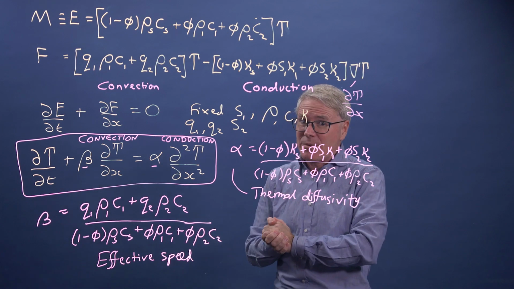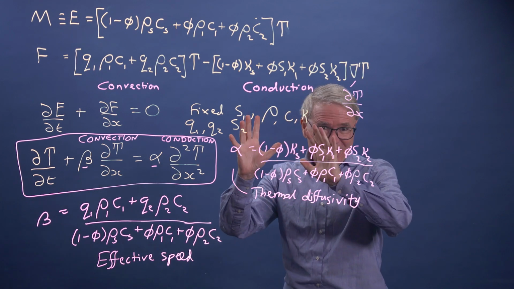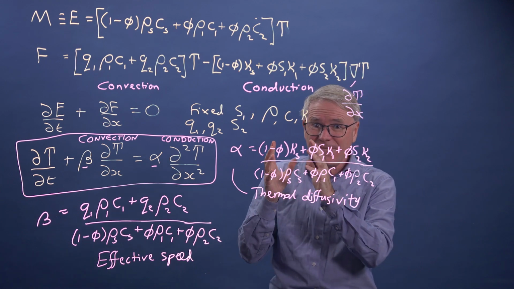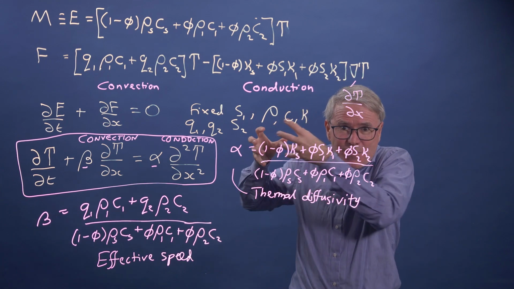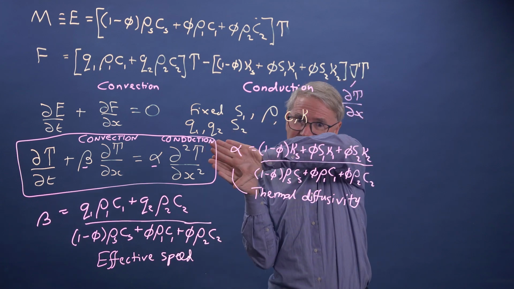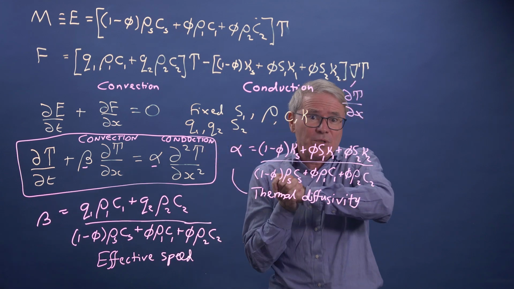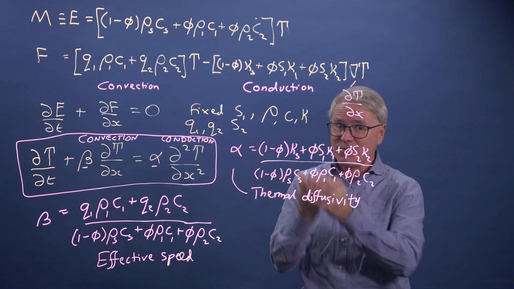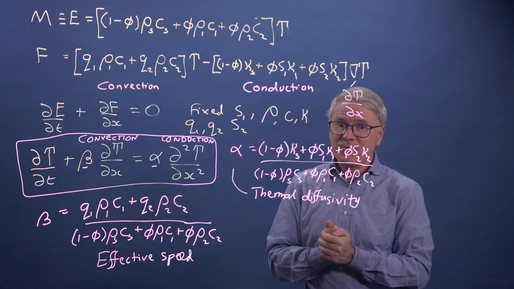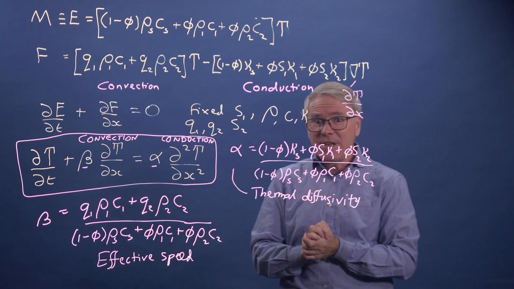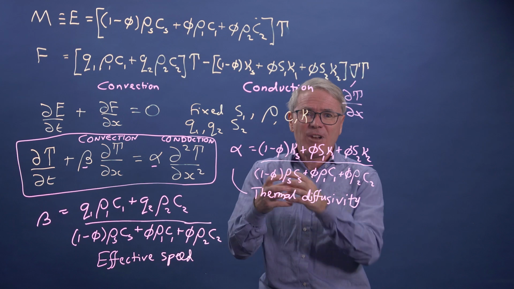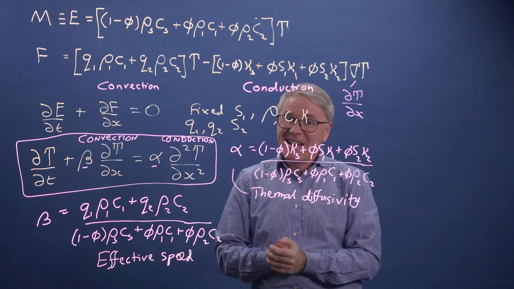So basically, it's a bunch of symbols on the board here, but what's happening physically is that a temperature front is moving through the pore space, and then temperature gradients are diffusing out. The temperature is being smeared. And we will see the same if we think about concentration, something, say, dissolved in water. Again, it moves with the flow, and then it diffuses.